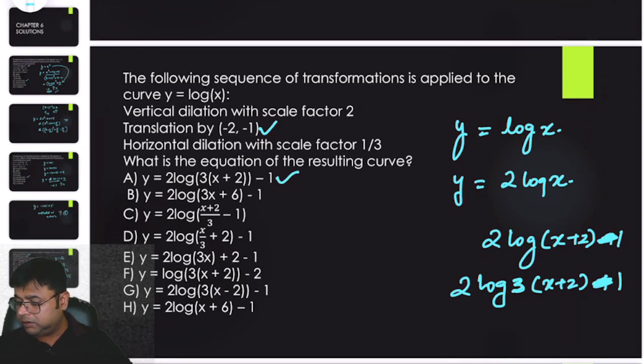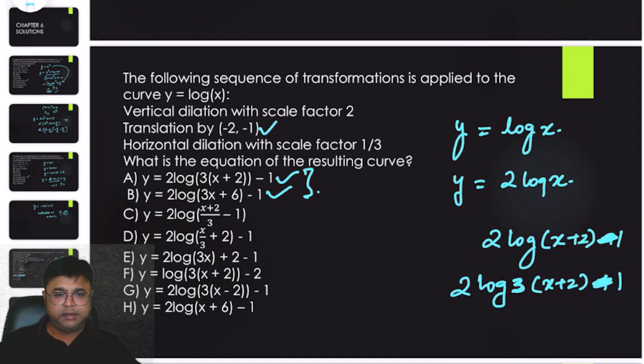Yes. So option B also, I think, is the same. There is no difference between A and B again. Both are correct. It's just the way of writing is different. So take one of them, right? One of them is the correct answer.